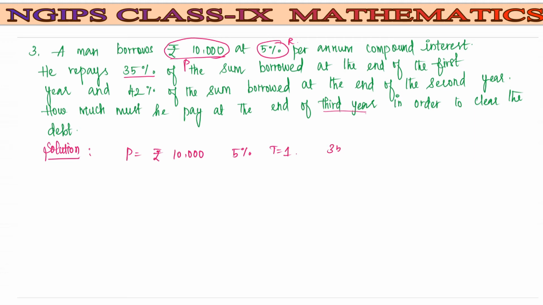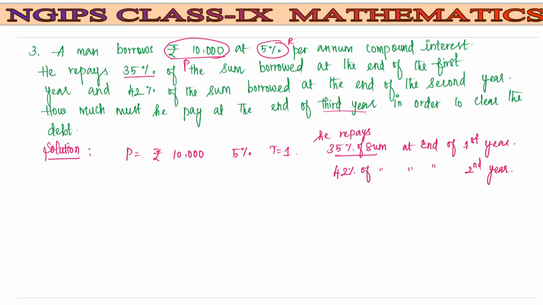He repays 35% of the sum borrowed at the end of the first year, and next, 42% of the sum at the end of the second year.